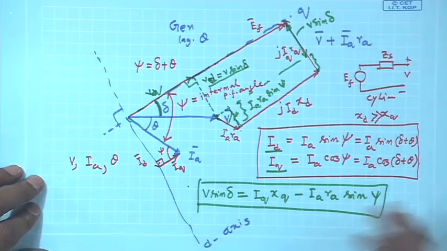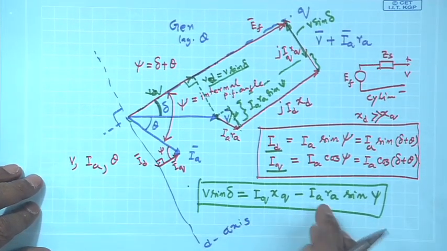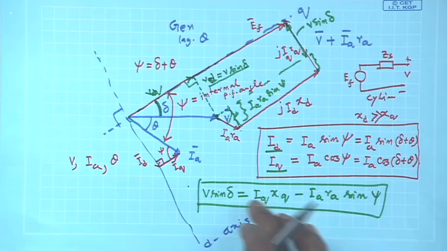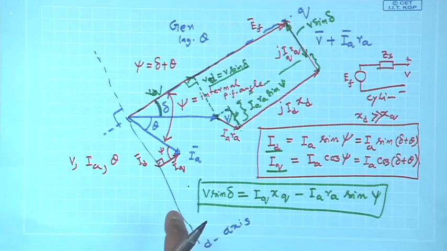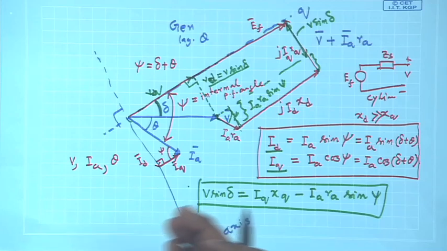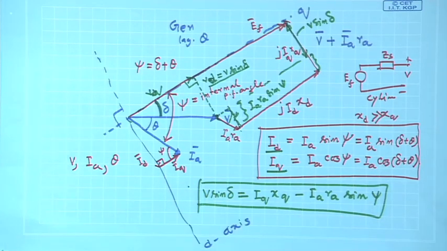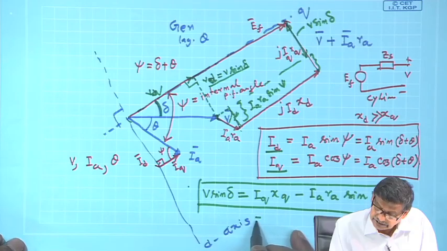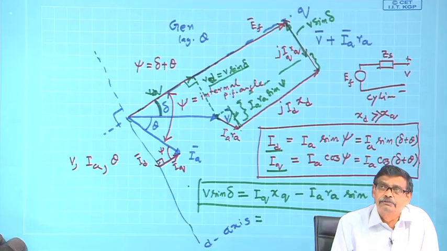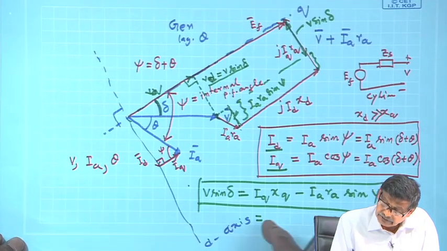Then the whole idea is that I would like to get rid of the terms involving I q and I d from this expression and form an equation from which I will be able to calculate delta, that is the idea. Now, therefore, I will write this on this page only, although it is becoming somewhat clumsy.